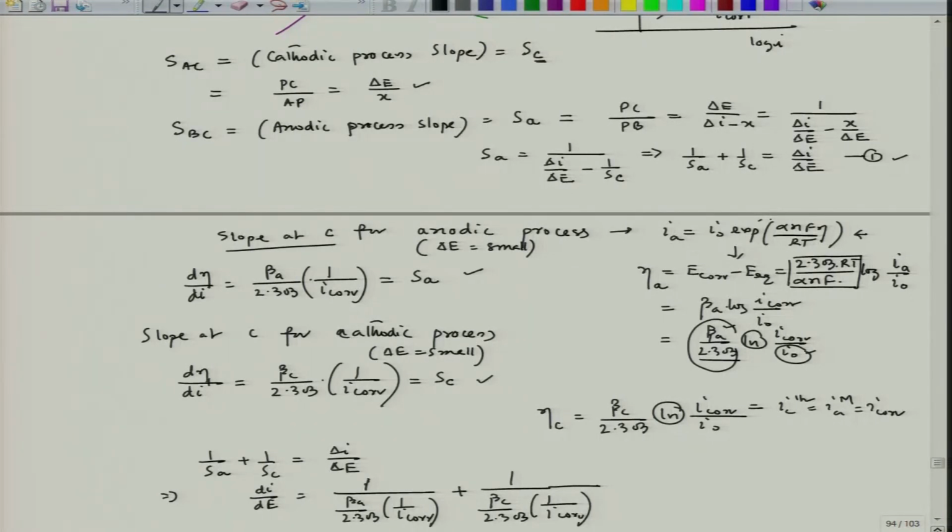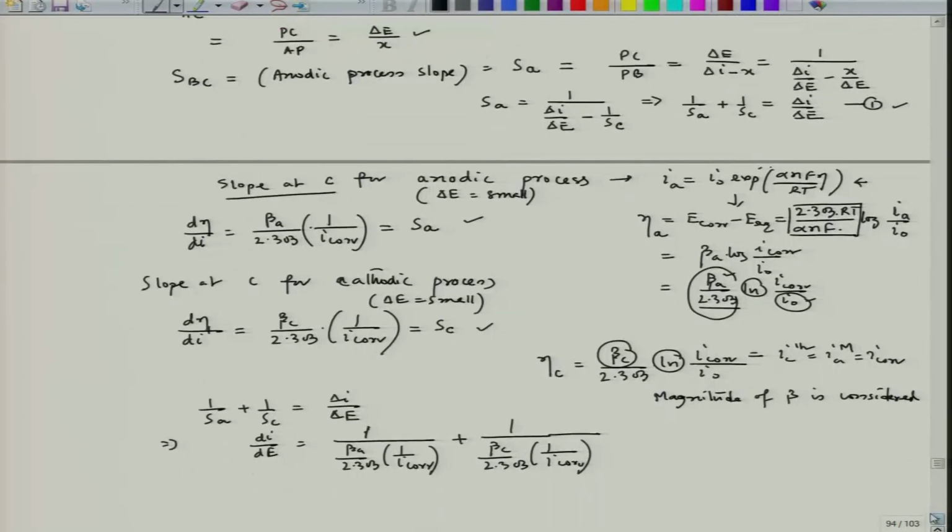So, another thing is, in case of β_C we are just considering the magnitude of β, since this negative sign just indicates the direction of current flow, that cathodic current flow.